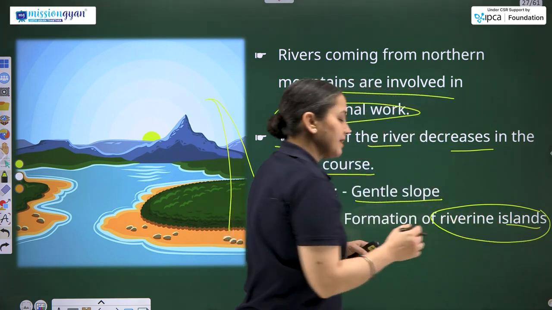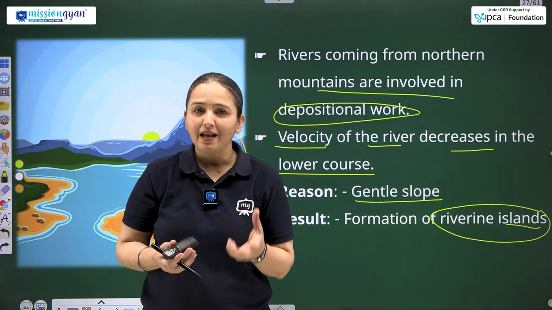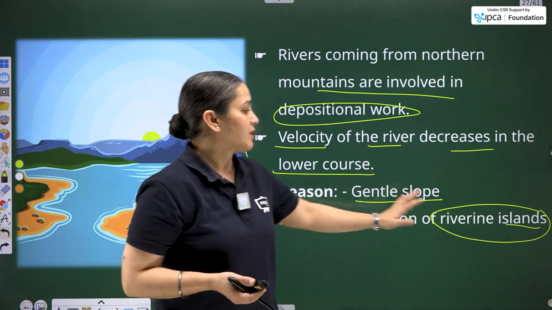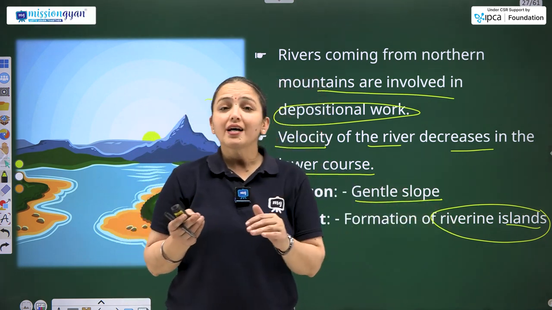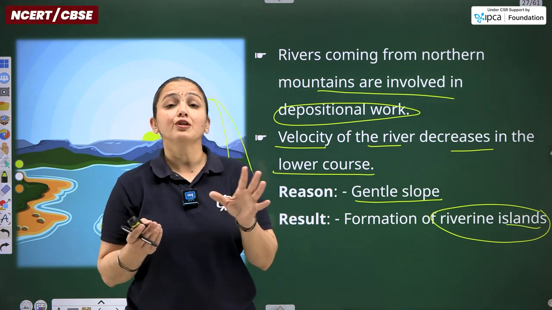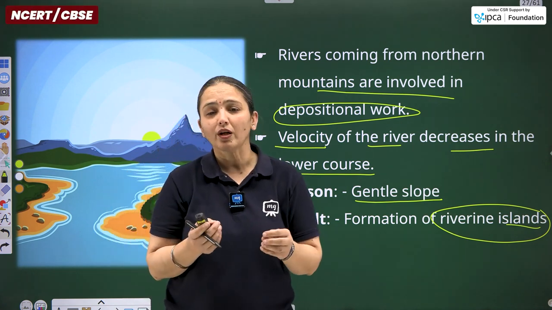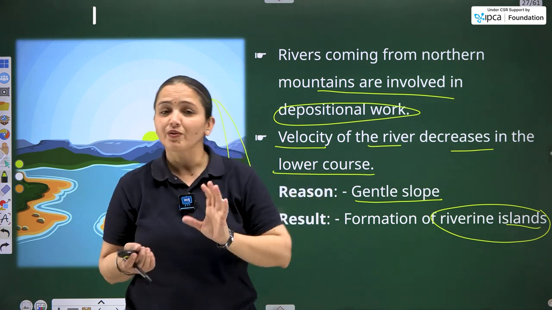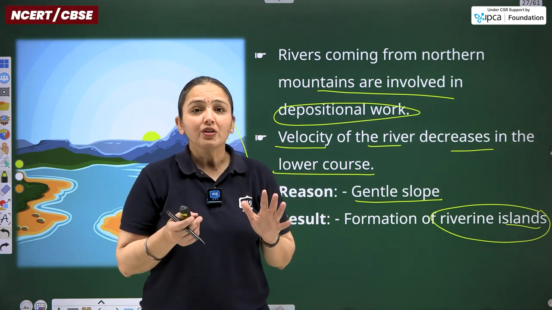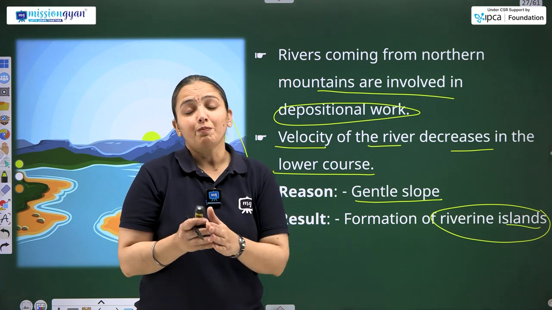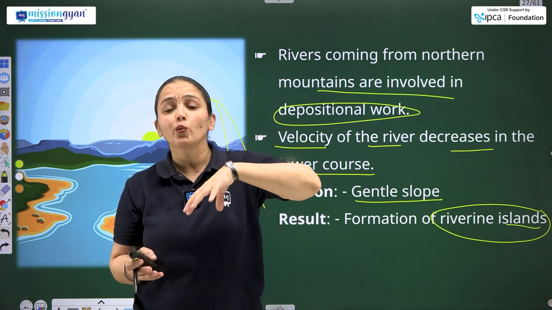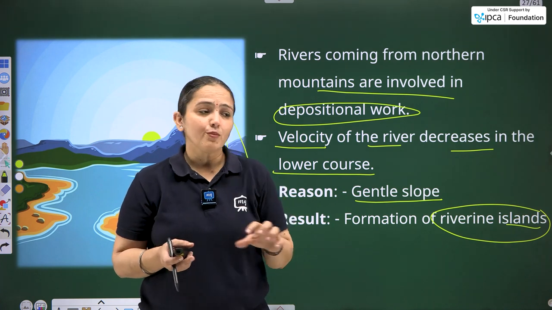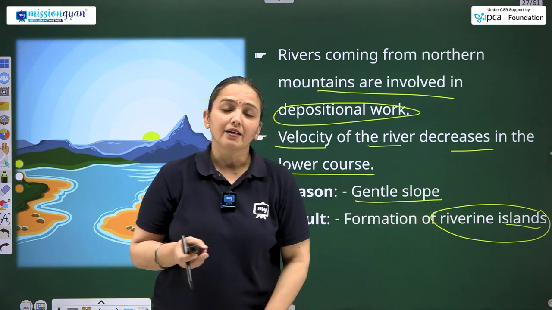Now the word island is clear to you: a land mass surrounded by water from all sides. But what do you understand by the term riverine? In the process of deposition of alluvial soil or whatever rock particles or material comes along with the water from the mountainous region, sometimes this deposition takes place exactly in between the passage of the river itself, and thereby it forms the riverine island.